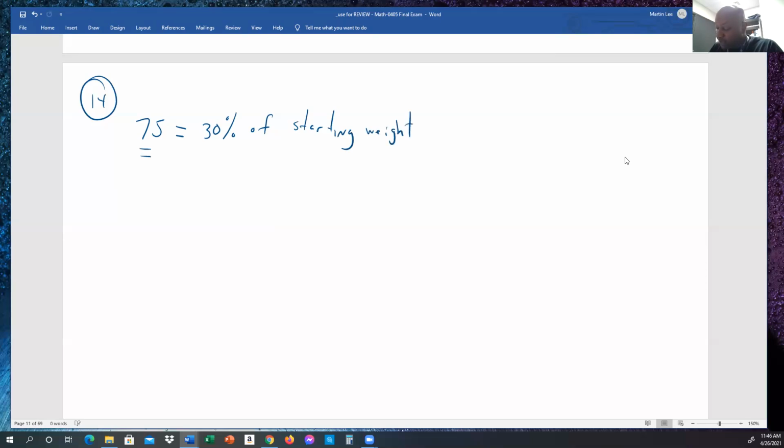So 75 pounds is 30% of her starting weight. So this equals 75.